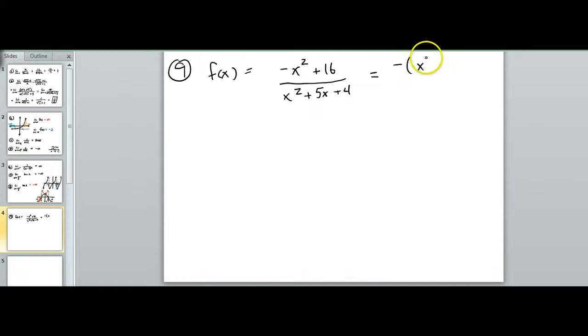I'm going to pull this out of here, so it's x squared minus 16, so you'll see it is a difference of squares. On the bottom, this will factor as well. We need two numbers that multiply to 4 and add to 5, so 4 and 1. Okay, and then up top, I get a negative x plus 4, x minus 4, that negative on the outside.